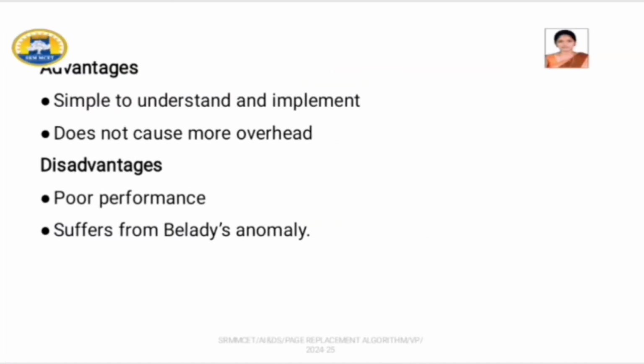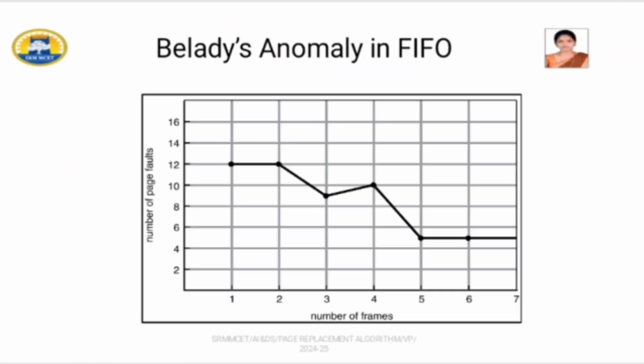The advantage of FIFO is that it is simple to understand and implement, and it does not cost much overhead. The disadvantage is poor performance, and it suffers from Belady's anomaly. What is Belady's anomaly? Belady's anomaly is when we increase the number of frames, the number of page faults also increases.